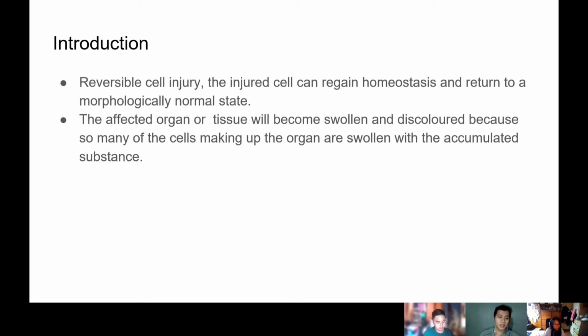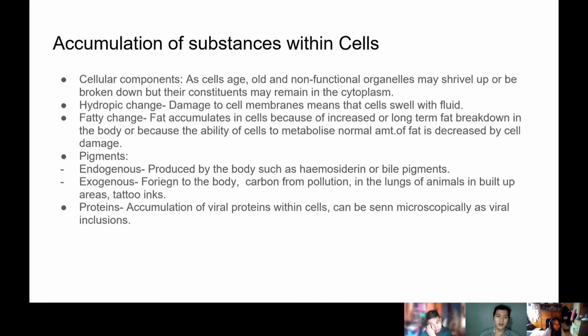Next is accumulation of substances. First off is accumulation of cellular components. As cells age, old and non-functional organelles may shrivel up or be broken down, but their constituents may remain in the cytoplasm.